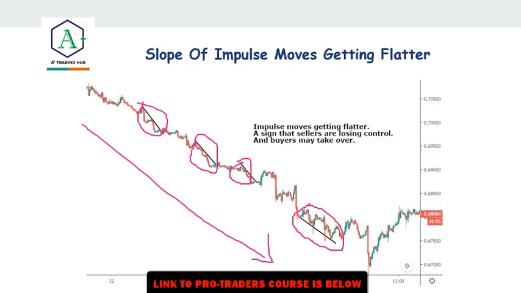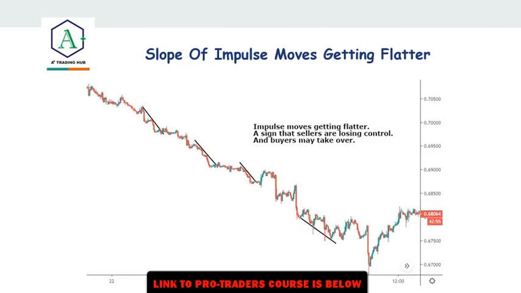Also on this chart, see how the chart gets flatter until price found support within this region and bounced, and there was a change of trend. This was a change of trend because price broke through this previous swing high and retested it.